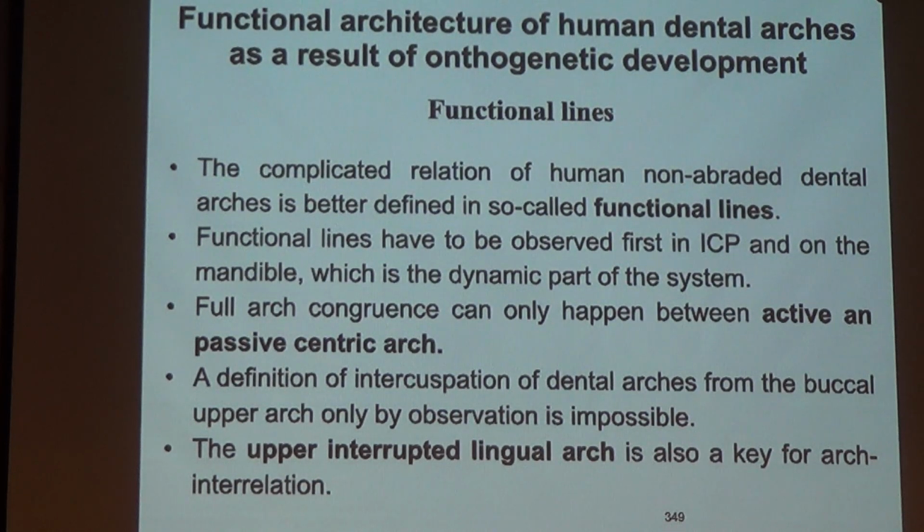The upper interrupted lingual arch, this is Professor Germany's translation, is also key for arch relation. It means that the posterior teeth, so bicuspids to molar, like a partial arch, is also key for arch interrelation.